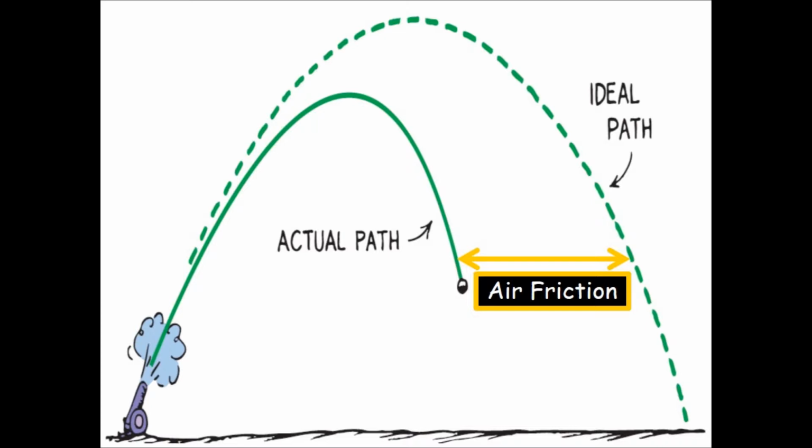If you know how the ideal path works, then you can make the necessary modifications to come up with the actual path. But the main idea is that you have to learn the ideal path first, and then you can make modifications of the path based on air friction, etc.